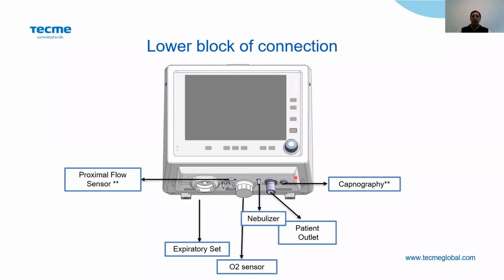The only thing that must be purchased separately is the sensor, and it is plug and play. As soon as you plug it in, the machine will start to measure the volumetric capnography. We are going to go into more detail on this in the third seminar, which is going to be done the day after tomorrow.